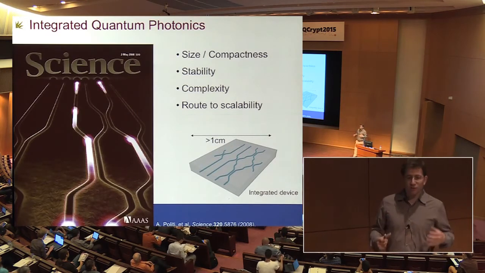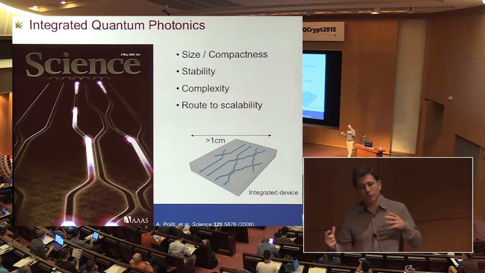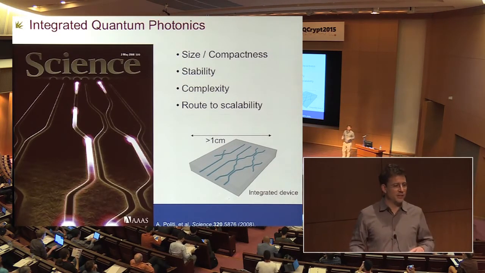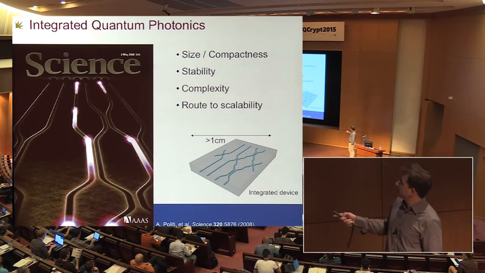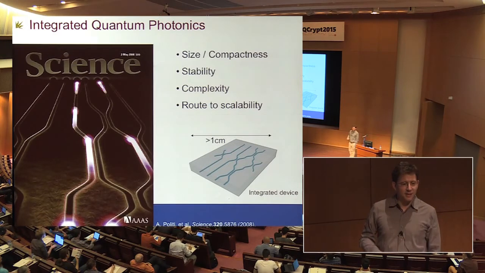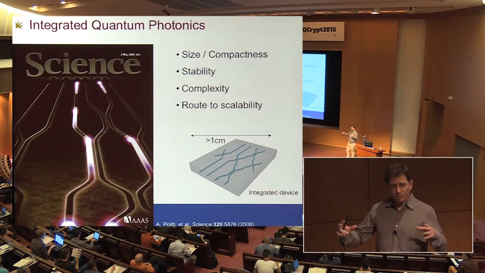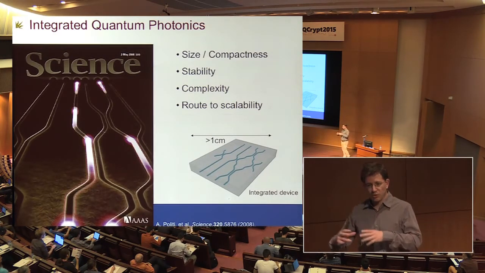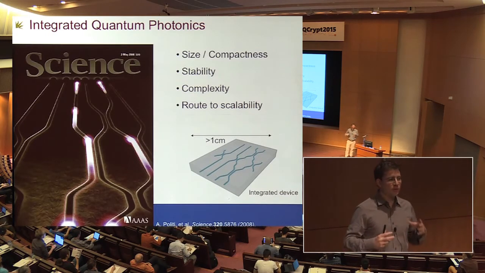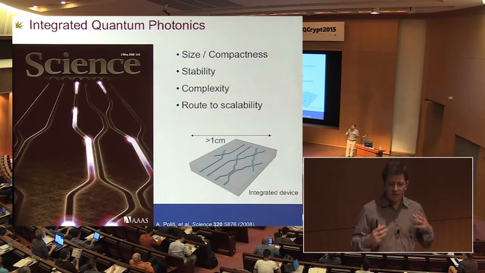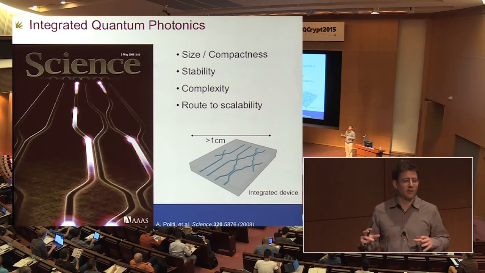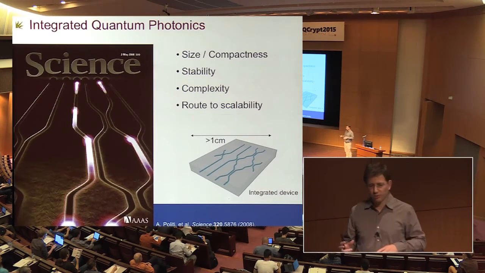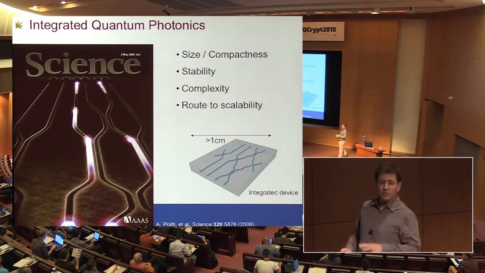The reasons to go for this approach are not just because of the miniaturization, which a lot of people latch onto, but it's really about this second point here of stability. By taking your quantum photonic circuits, which are often Mach-Zehnder interferometers or nested Mach-Zehnder interferometers and need to be highly stabilized circuits, by locking those circuits into solid blocks of silicon or solid blocks of glass, you get inherent stability.